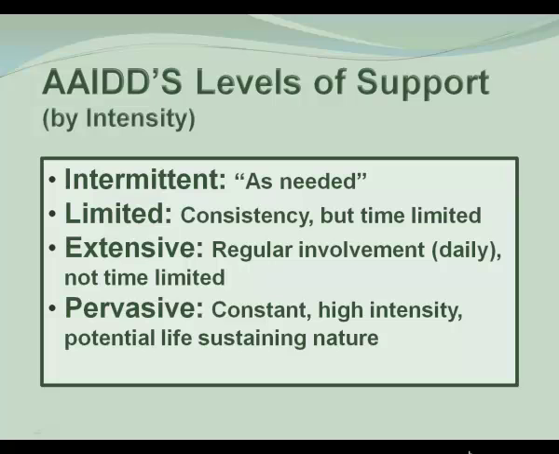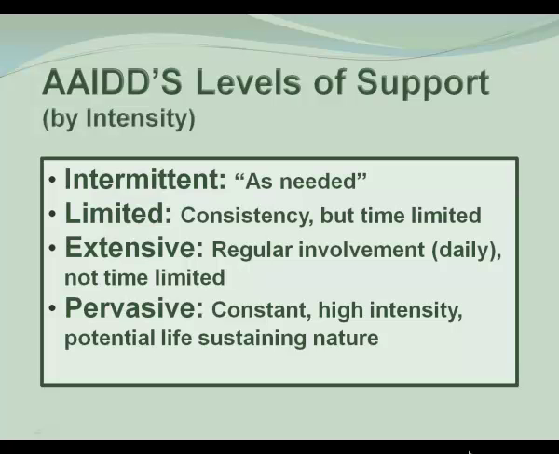Next, AAIDD has developed a continuum that addresses the levels of support that individuals with IDD need. From this continuum, the AAIDD also proposes that classification of individuals with IDD be based upon the level of support that is needed. Let's look at the levels.